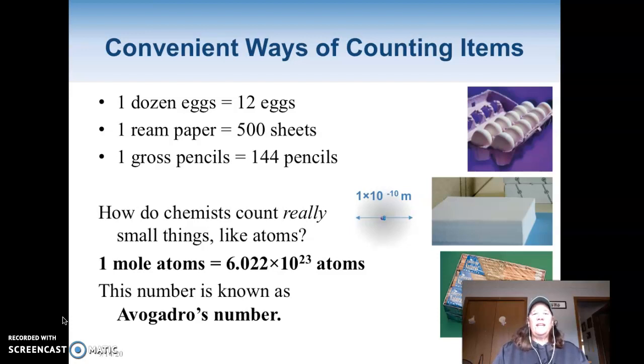If you want a mole of any substance, it's whatever their mass is from the periodic table. So if you look at carbon, carbon's mass is 12. So if I weigh out 12 grams of carbon, I have 1 mole. Calcium's mass is 40. If I weigh out 40 grams of calcium, I have 1 mole. So 1 mole of any substance is whatever its mass is from the periodic table.